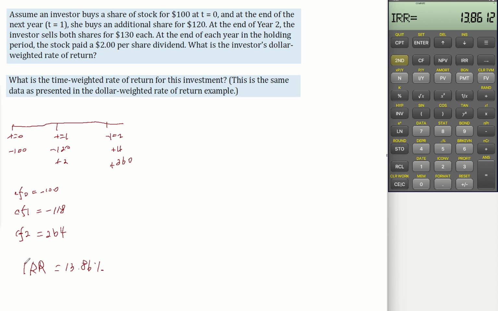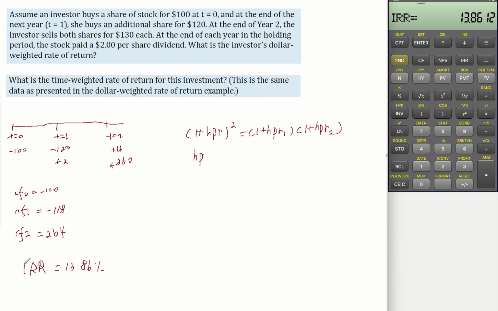For the second question, time-weighted rate of return, we can use the formula: 1 plus holding period rate squared equals 1 plus holding period rate of year 1 multiplied by 1 plus holding period rate of year 2.